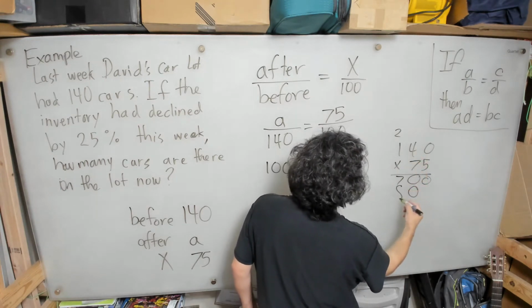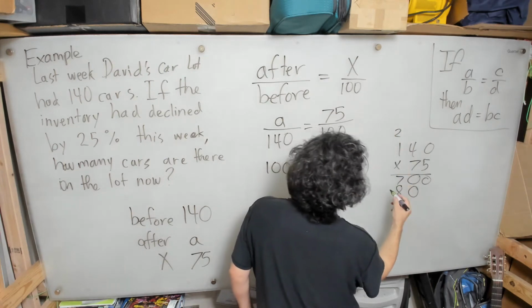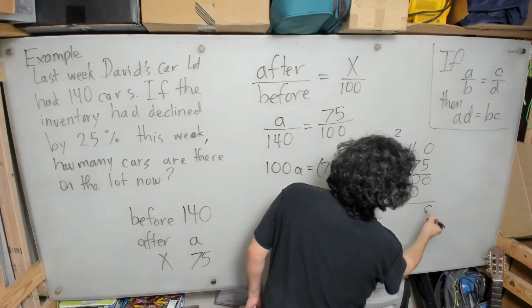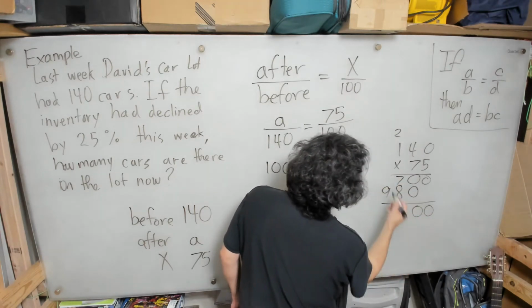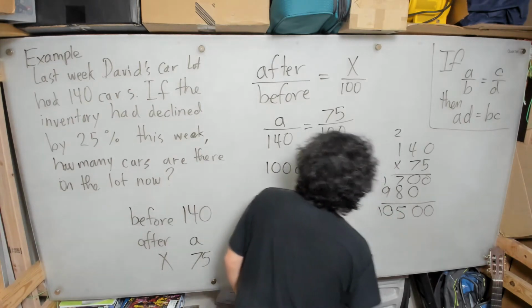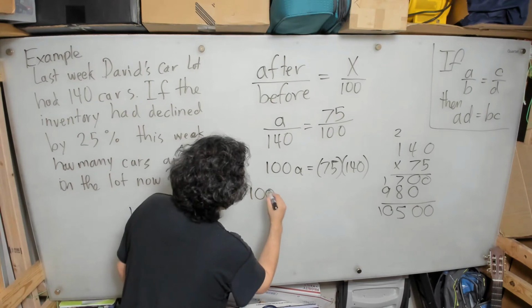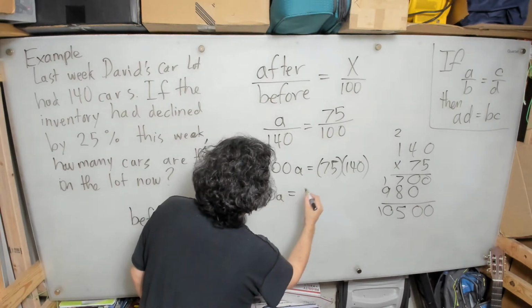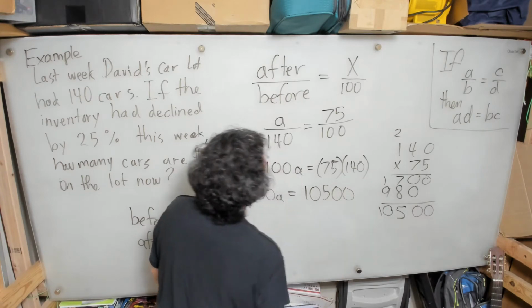I'm going to bring down the 8, carry the 2. 7 times 1 is 7, plus 2 is 9. So I get 0, 0, 7 plus 8, that's 15. I carry the 1. 1 plus 9 is 10. So now I can see that 100A is equal to 10,500.